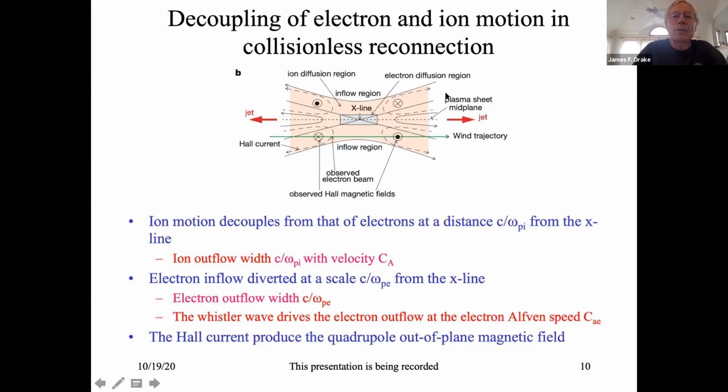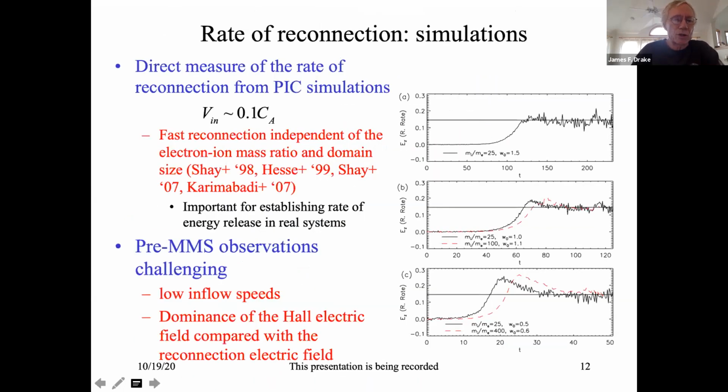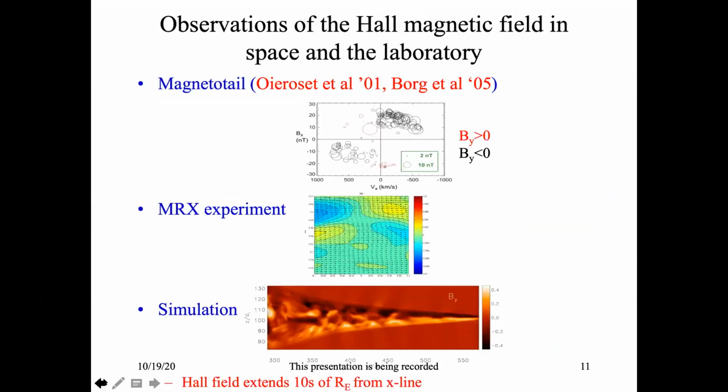Okay, so one of the predictions of this two-scale situation is this quadrupole magnetic field, the so-called Hall magnetic field. And one of the first confirmations of this picture was the measurement of that quadrupole field in the magnetotail. And here are some of the early papers on that.